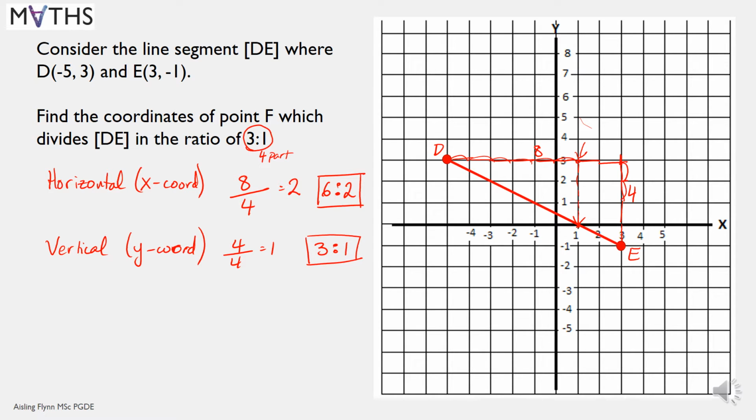So from D, 1, 2, 3, and I have my 3:1, and going across from that, I end up at this point here. They all coincide at this point, which is going to be point F, which is (1, 0). And it looks about right. Have we divided it in the ratio of 3:1?